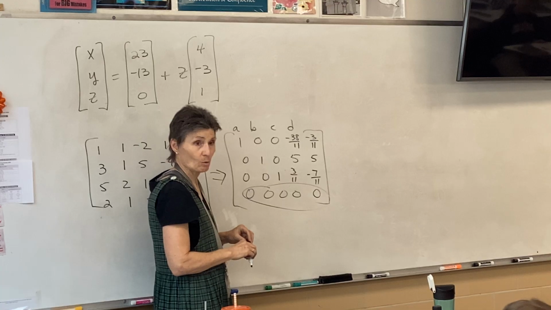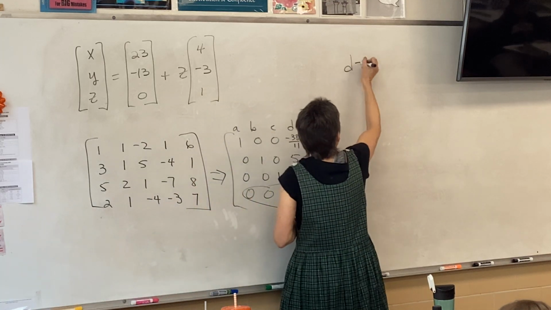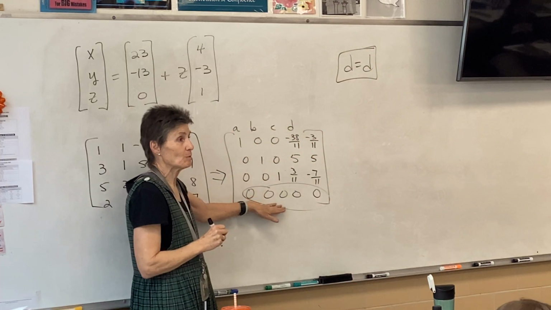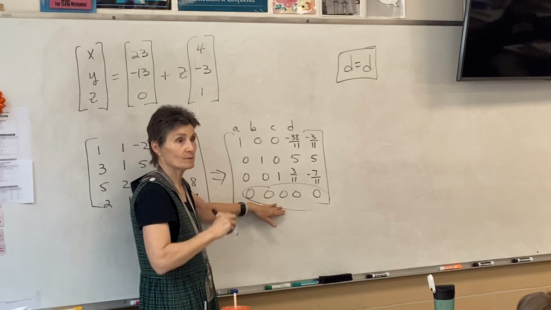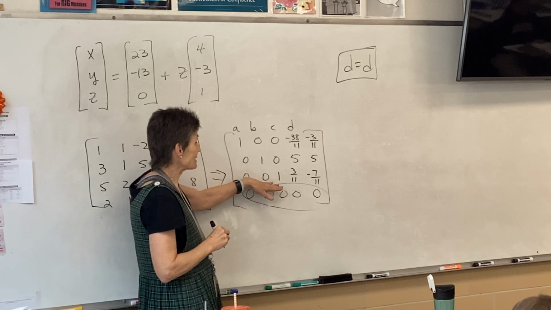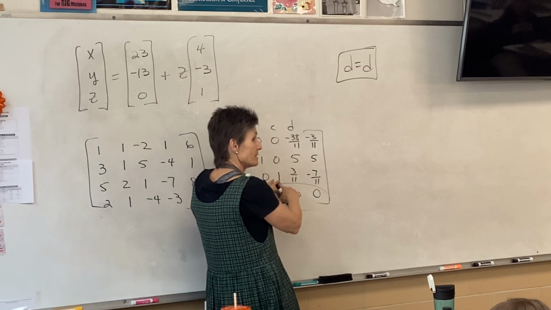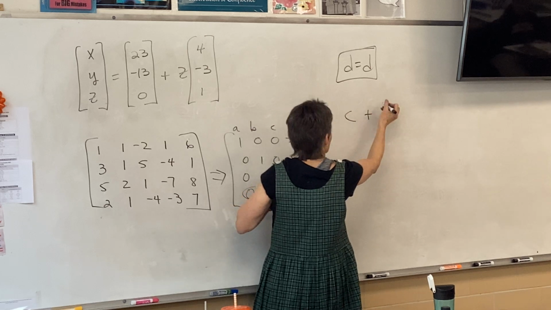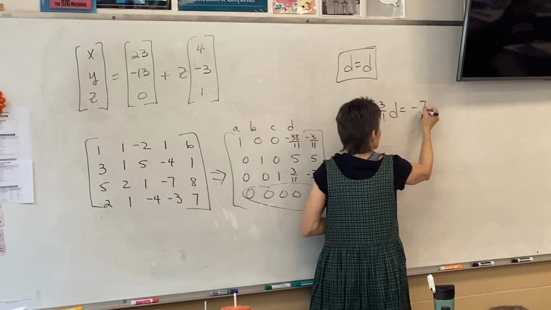D equals D. This is your D row, all zeros, so D is D. Now, what does this row say? This row says 1C plus 3/11 D equals negative 7/11.